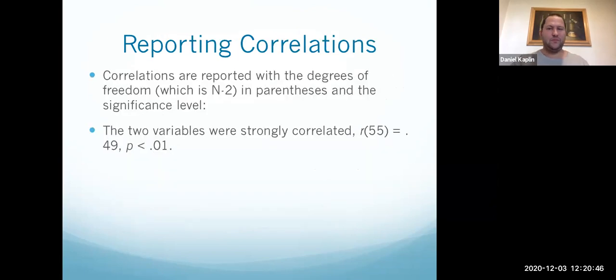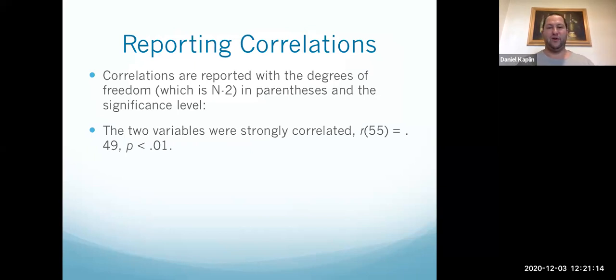All right. Reporting correlation. Again, correlations are reported with degrees of freedom, which is n minus 2. So we're taking off the 2 variables that we're correlating, in parentheses, and the sig value. So here would be an example of writing: the two variables were strongly correlated. R is the symbol for correlation, with 55 degrees of freedom.